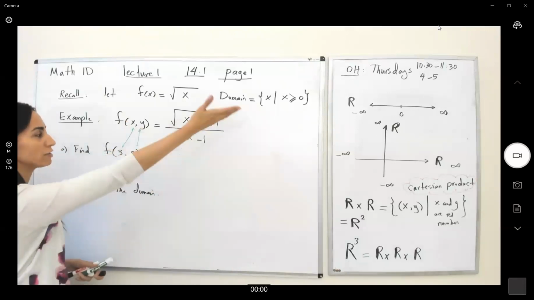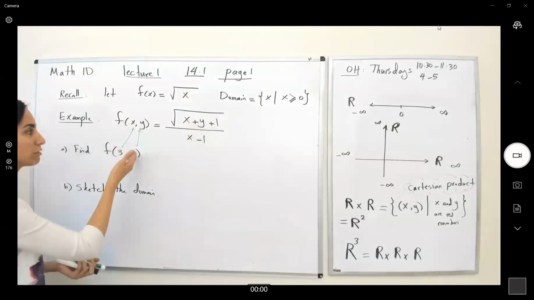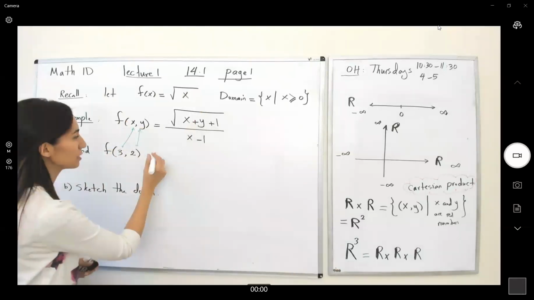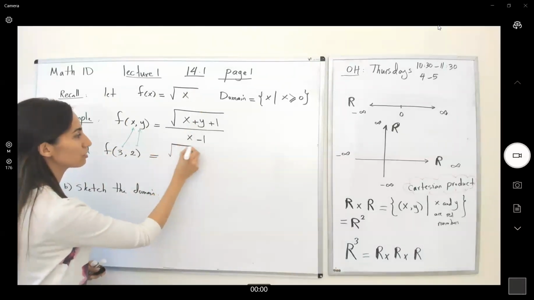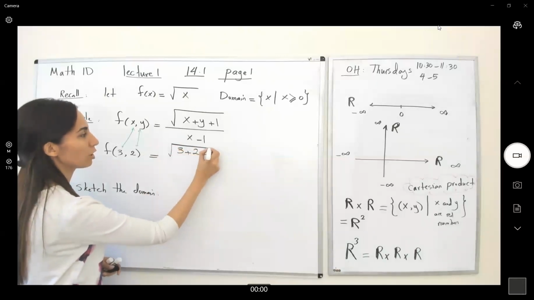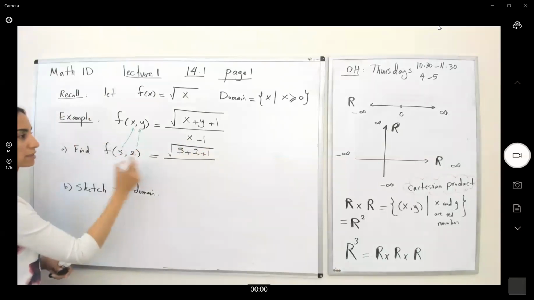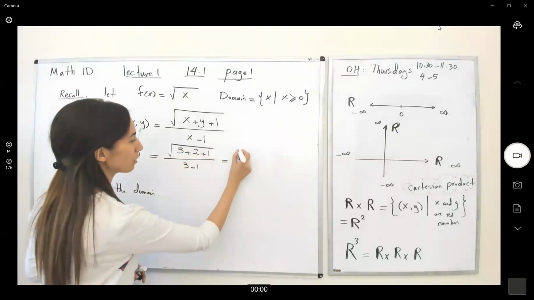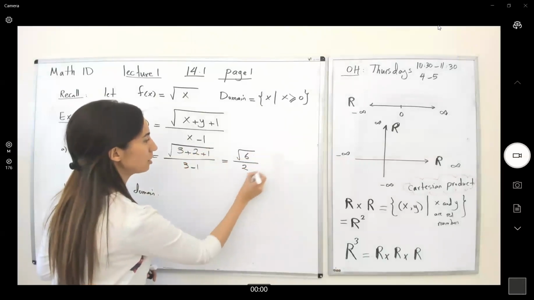So wherever we see x, we write 3. Wherever we see y, we write 2. Not that hard, just evaluating. This is equal to the square root of 3 plus 2 plus 1, divided by, my x is 3, 3 minus 1. So in my numerator, I get the square root of 6, divided by 2.